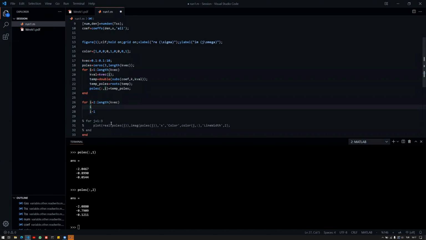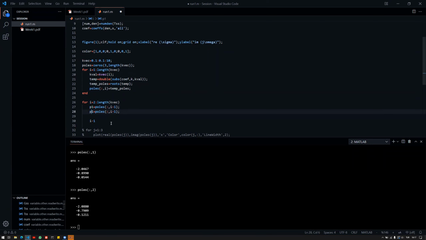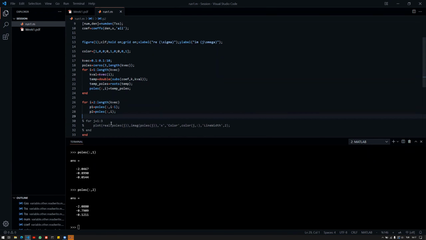Let's say P1. So this should be poles, all the rows, I minus 1th column, and repeat it with the next column. So P2 is the next column. So starting point and ending point, basically. P1, I will start with P1, connect to P2.